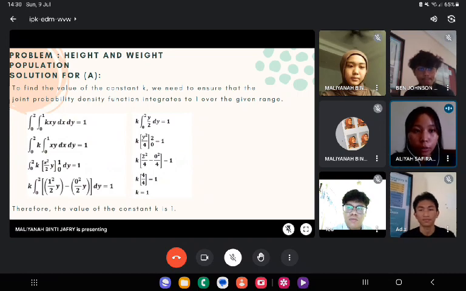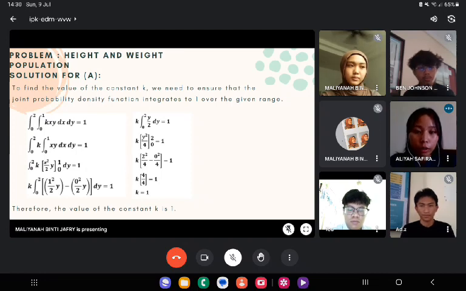I'll be explaining the solution for A. To find the value of the constant k, we need to ensure that the joint probability density function integrates to 1 over the given range. So we have the function kxy, and the range for x is 0 to 1, and the range for y is 0 to 2. In order to find the constant k, we take k out from xy, so we will be left with xy.